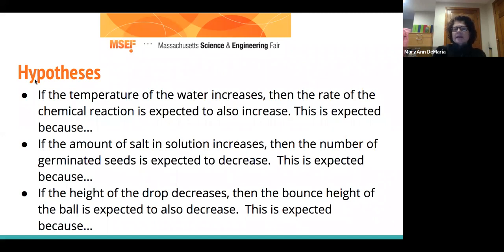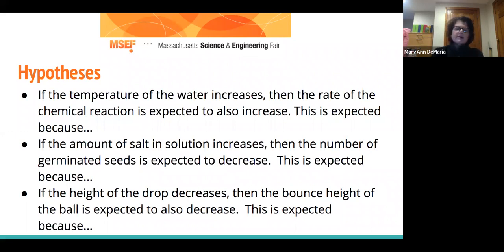It is, if the temperature of the water increases, then the rate of the chemical reaction is expected to also increase. And then you would explain this is expected because. And then the same thing with the salt experiment. If the amount of salt in solution increases, then the number of germinated seeds is expected to decrease. So we always try to state a hypothesis as a trend.